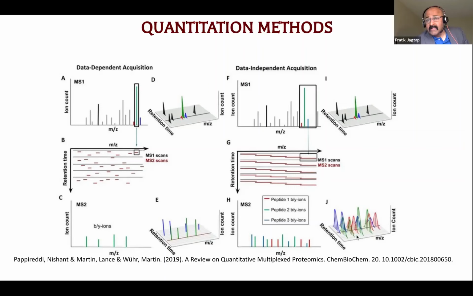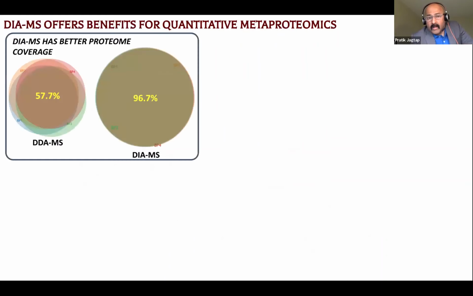And hence, this seems to give a lot more reproducibility and it's a lot more amenable to quantitative analysis as compared to MS1 data analysis. So we wanted to look at this and see if this indeed was the case. Last year at ASMS we analyzed and presented two data sets.